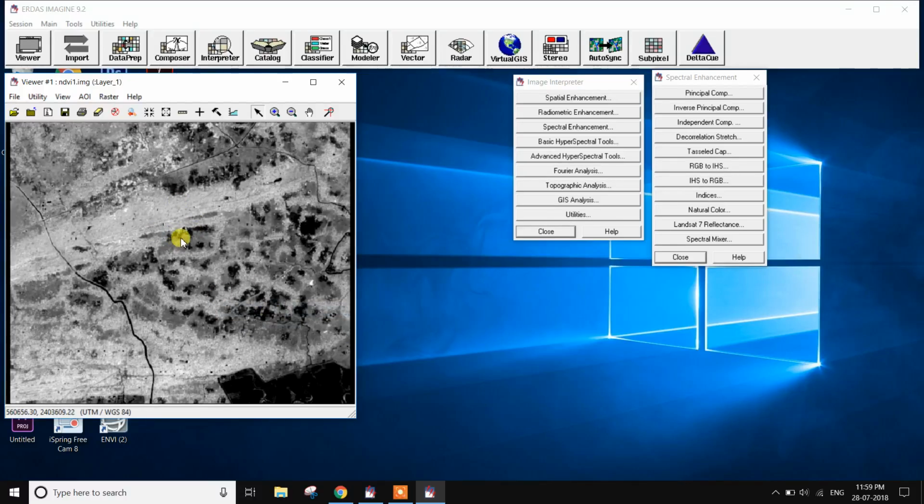There is the NDVI, normalized difference vegetation index satellite image.